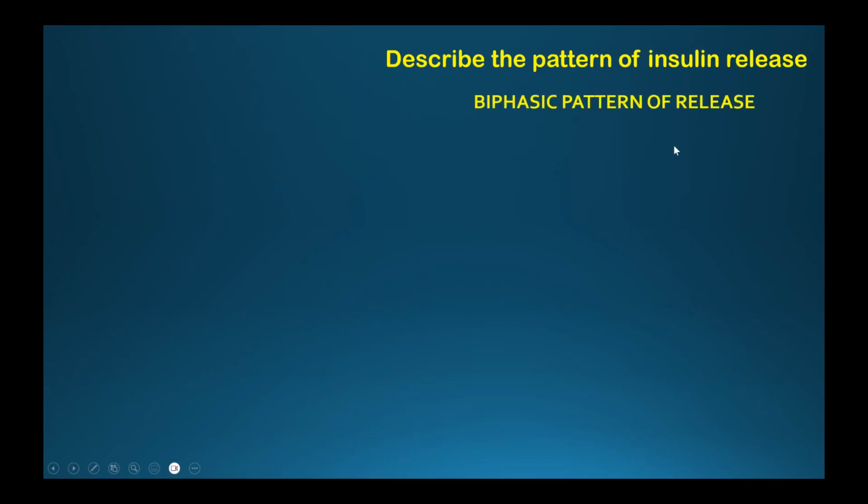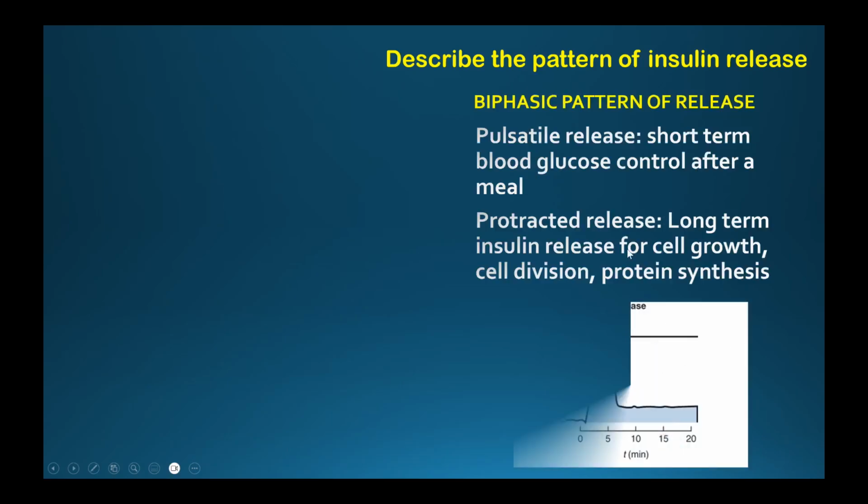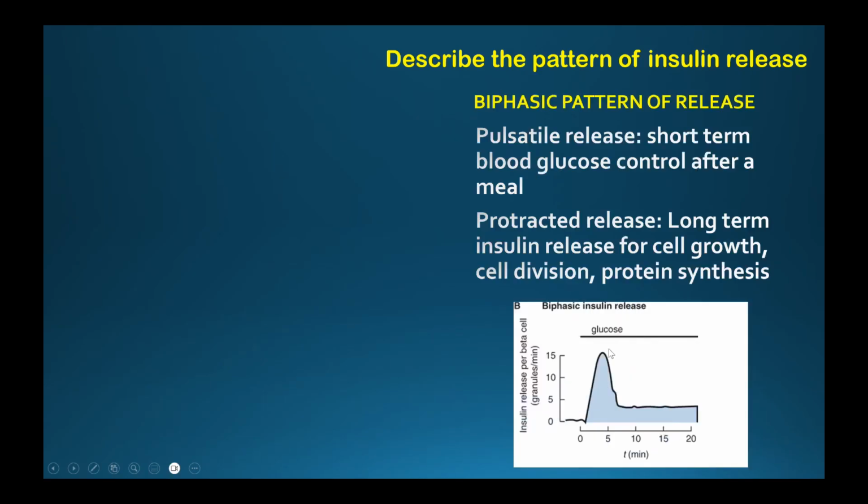The pattern of insulin release is to understand that there are two waves of insulin production. Pulsatile release for short-term blood glucose control after meals. You can see there is a basal insulin production spiked by a sudden bolus insulin release whenever there is an increased glucose intake from a meal.